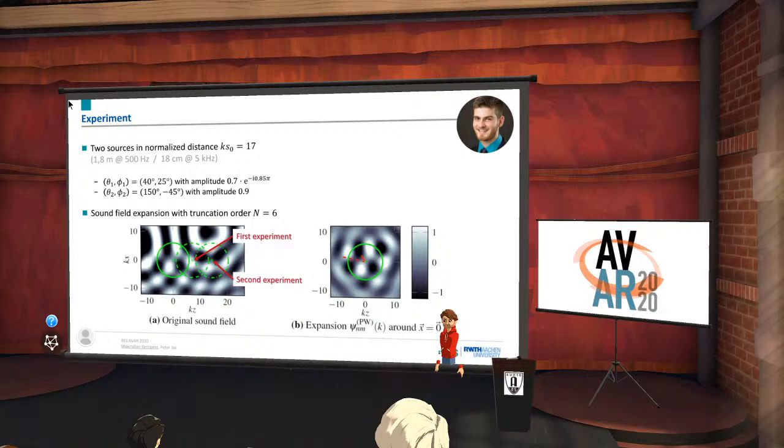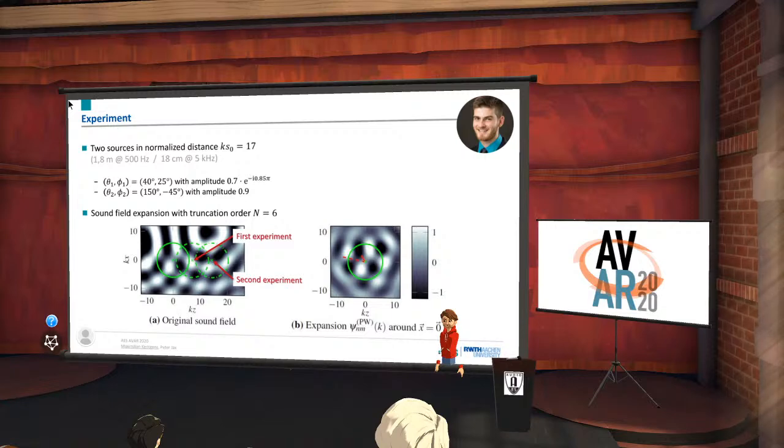These sources generate the sound field that you see on the bottom left. But of course, our algorithm doesn't know the whole sound field, but only a spherical harmonics expansion to an order n equal to 6, which you see in figure B. And what you see in the green circles is almost identical, and outside there's a large error.